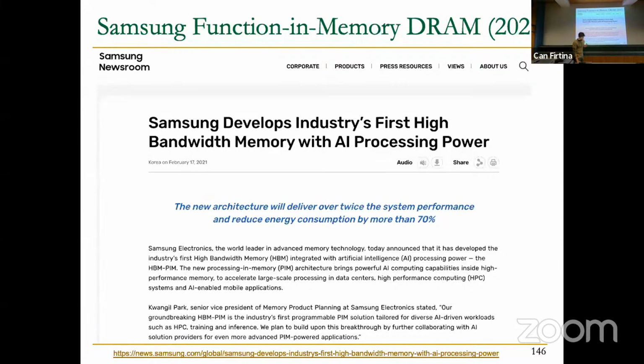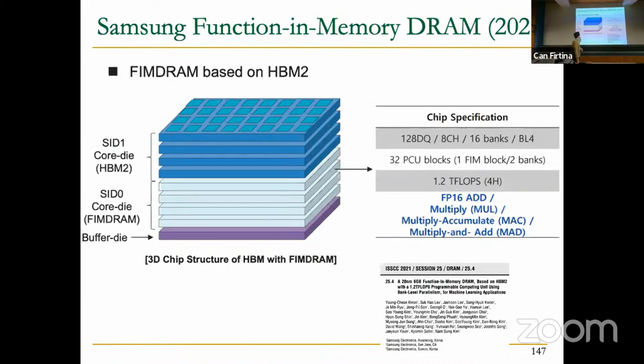We got super excited last year when Samsung announced this FIMDRAM, their function-in-memory DRAM, their new processing in memory architecture, bringing powerful AI computing capabilities inside the memory. It's indeed HBM memory, this high bandwidth memory that I just mentioned that some FPGAs have.